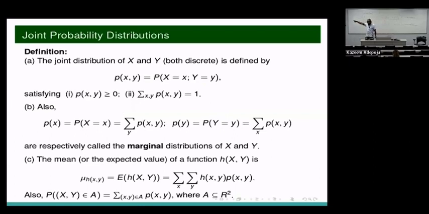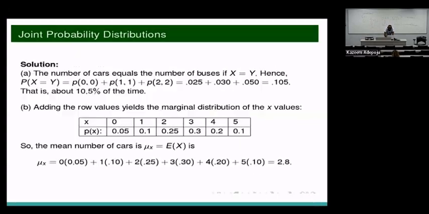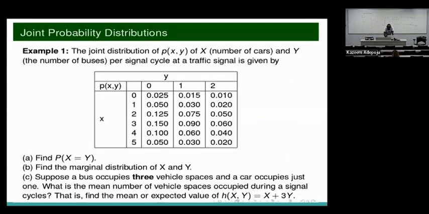I told you h of xy is not a probability function. But right now, we basically want to figure out about on the mean, the average. Okay, so if I want to figure out the average, it means I want to find the expectation of x plus 3y. The linear combination here involves two measurements at a time.